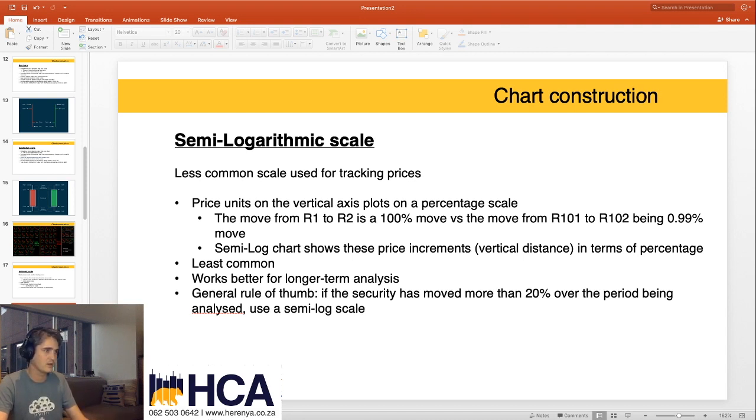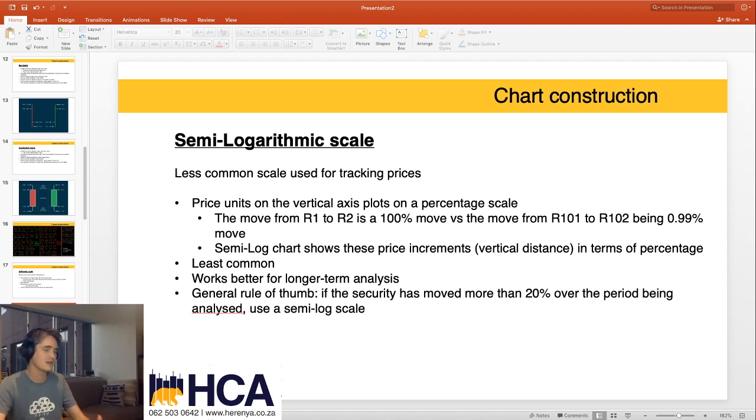So if you look at the way that this chart looks versus if we change the scale to a normal scale, how that chart looks, it's a very different story. We have a much steeper trend line here from 10 Rand all the way up to 70 Rand, whereas if we use a semi-log scale, it's a much smoother ride. It's less parabolic. It just smooths it out because in percentage terms it is the same.